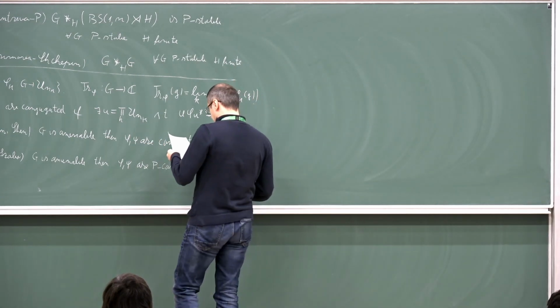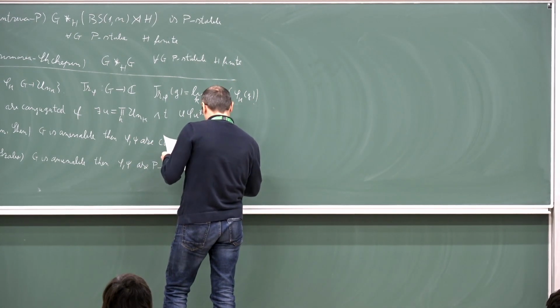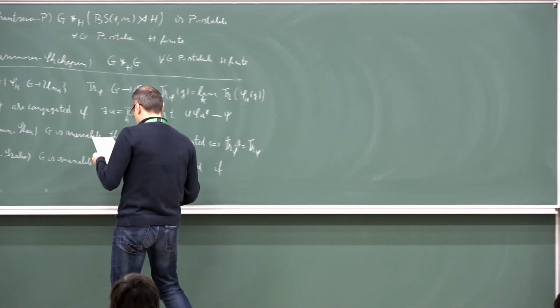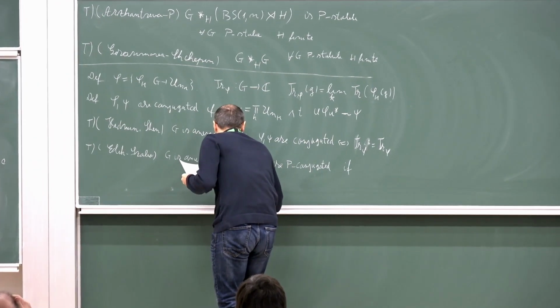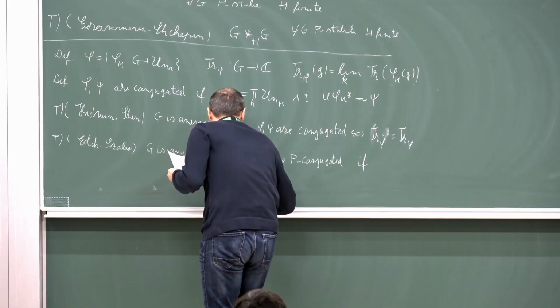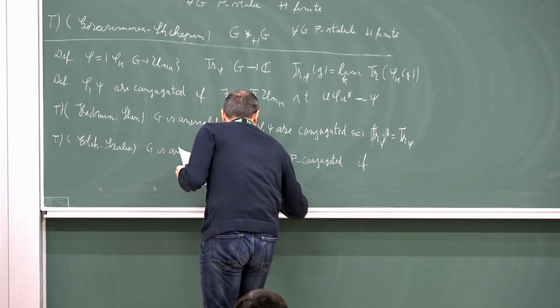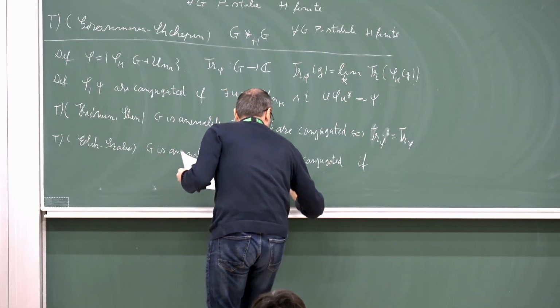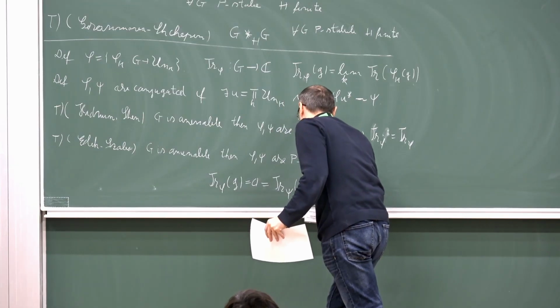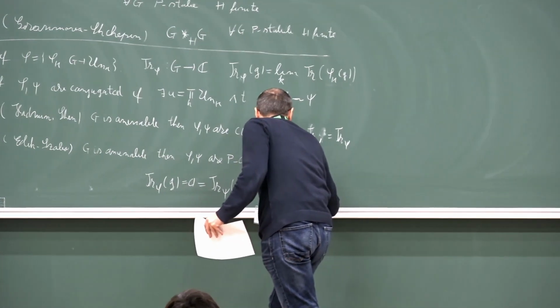So they are P-conjugated if the trace of phi at g is equal to 0, which is equal to the trace of psi at g, for each element g that is different than the identity.